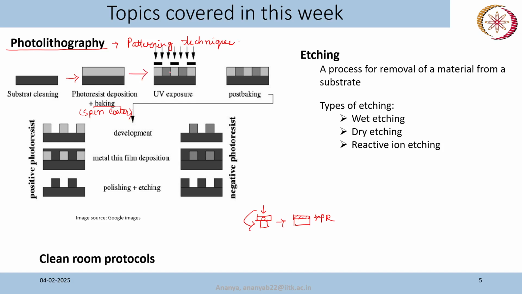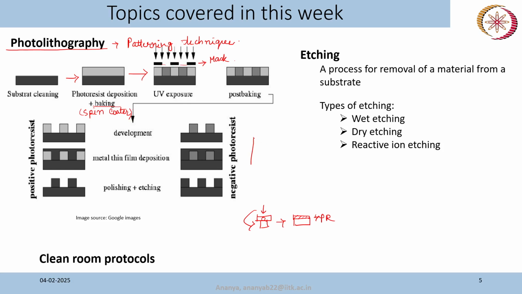Now we selectively expose the photoresist. You already know what a photoresist is: a chemical that changes its properties when light is incident on it. So this is a mask. Some portions of the mask will be dark and some portions bright.